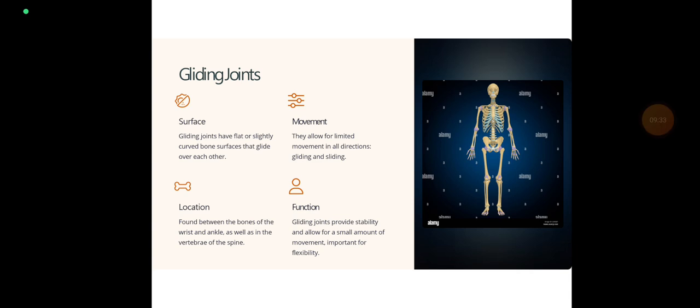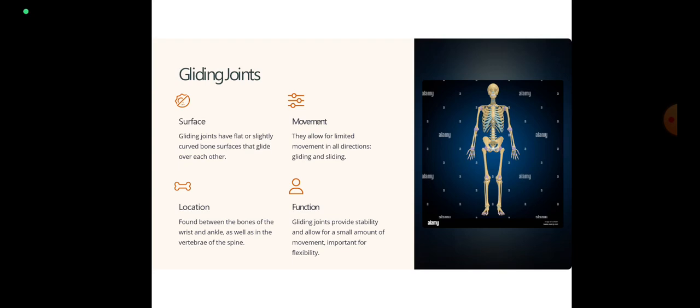So, joints can be classified on the basis of two categories. First is on the basis of structure: saddle joint, hinge joint, ball and socket joint, pivot joint, gliding joint, condyloid joint.